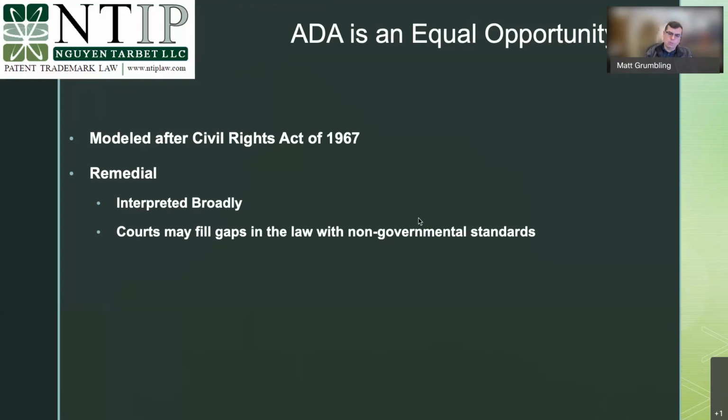So, this bullet point basically makes the point that the courts often fill gaps in the law, or apparent gaps, with non-governmental standards. And so you need to be aware of those non-governmental standards. They tend to be broader than the standards that are adopted by the federal agencies.